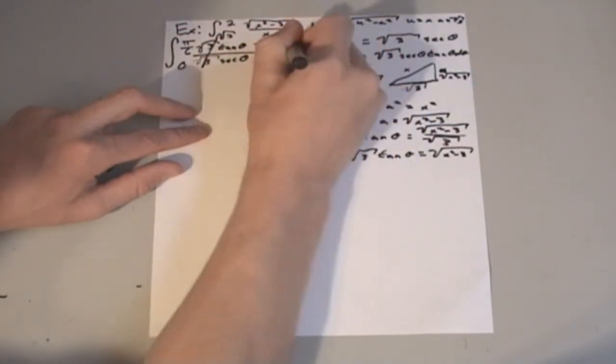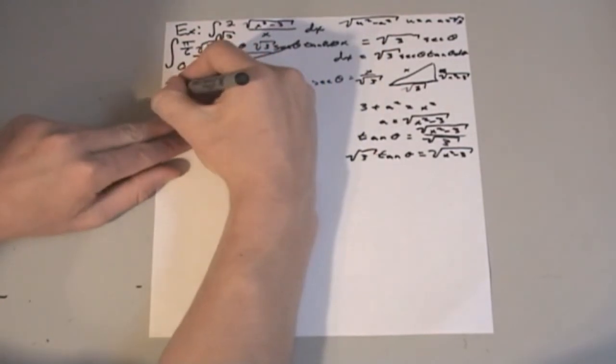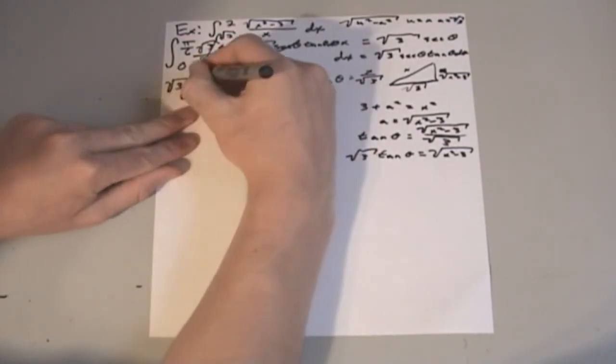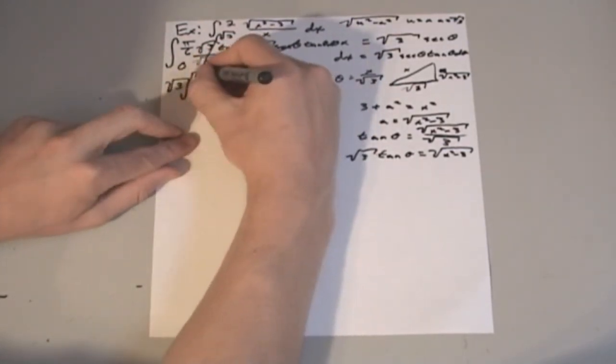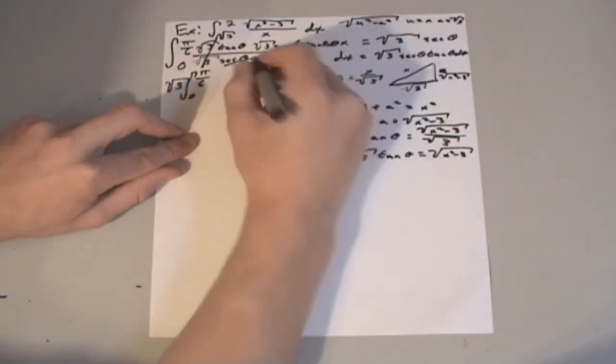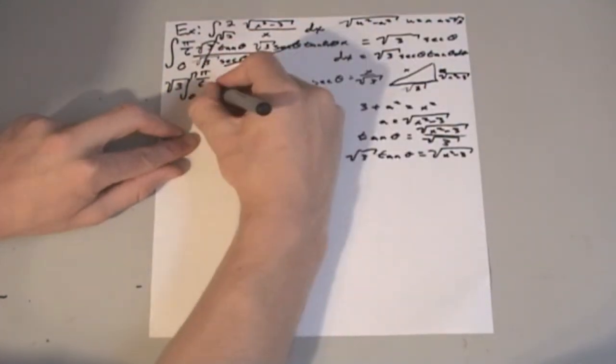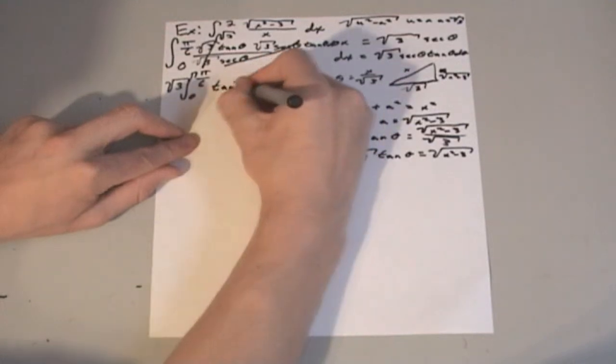Square roots of 3 cancel. Secants cancel. We are left with, bringing the square root of 3 out front, 0 to pi over 6 of tan times tan, tan squared theta d theta.